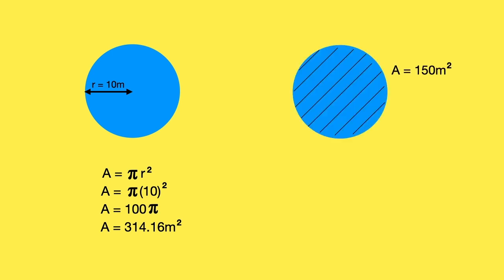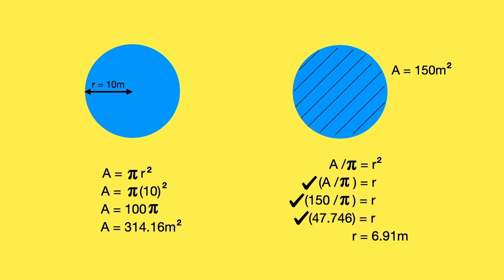And if you just started with the area of 150 metres squared, what we do is rearrange that A equals pi r squared formula. So rearranging it, you basically just want to get r on its own on one side of the equation. So to do that, you'd first divide both sides by pi. So A divided by pi equals r squared, and then you find the square root of both sides.